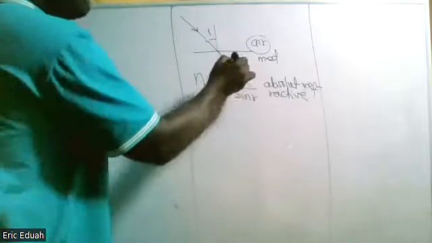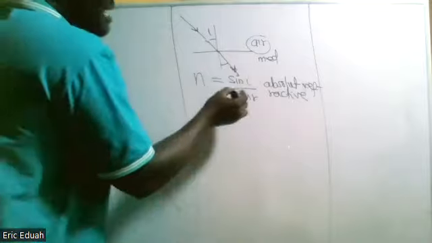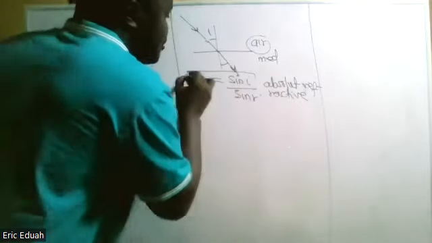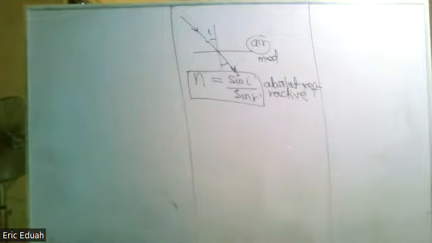So long as the first medium is air, this refractive index is called absolute refractive index.